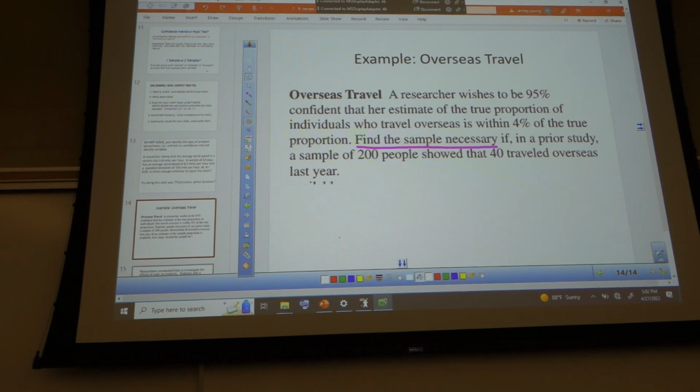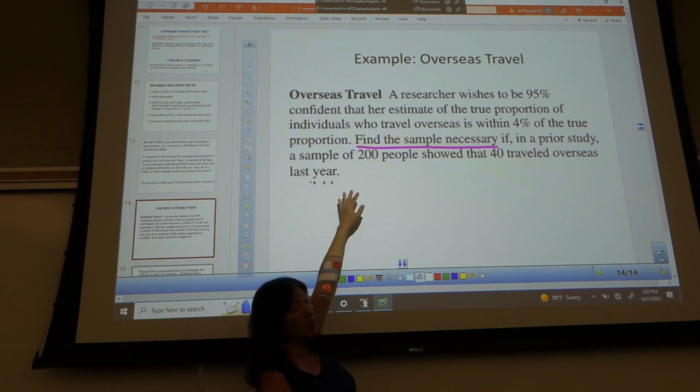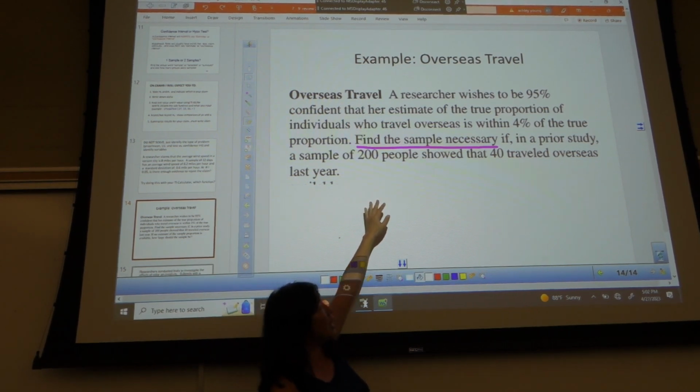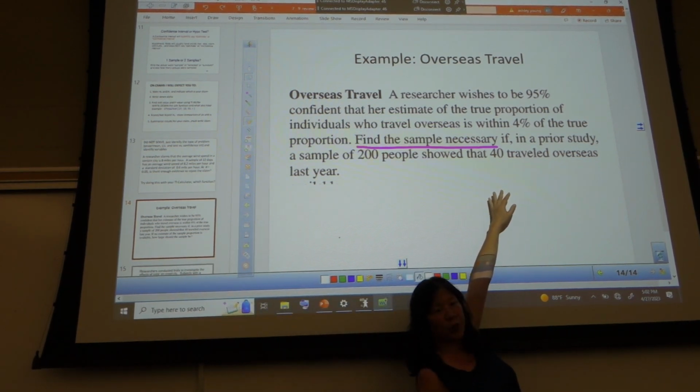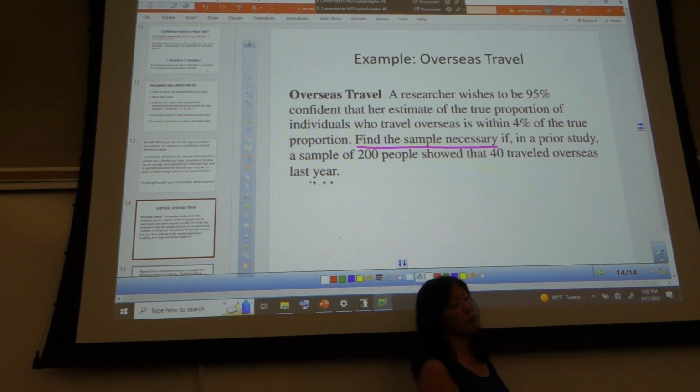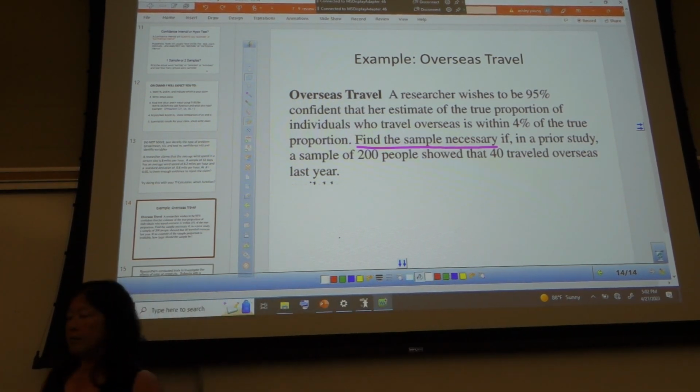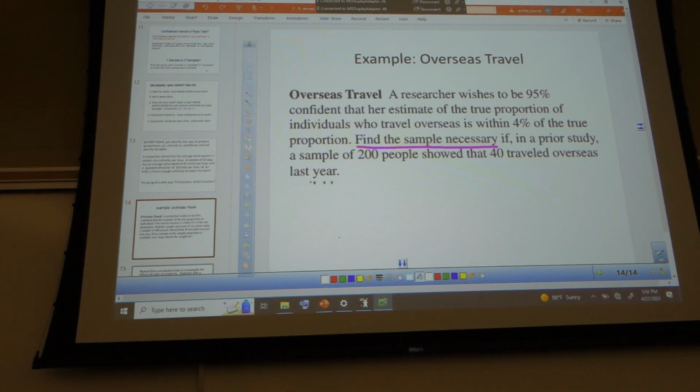So remember with the proportion, you're always going to be given n, and you're either going to be given x or p hat. Is that 40 x or p hat? X. How do I know it's x and not p hat? It's not a percentage. It's a whole number. So it means I need to find p hat.